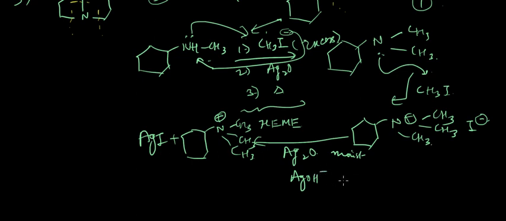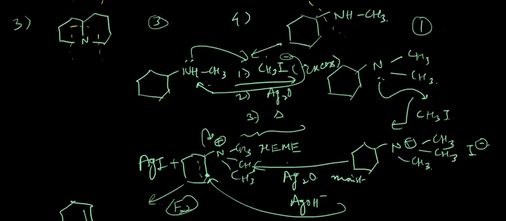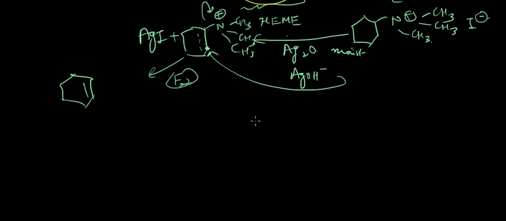Okay, so this O minus will act as a base and will attack on this alpha hydrogen, and we'll get something like this, and from the E2 reaction we will get bond making here and bond breaking here. Finally we'll get something like this. So only one time we need the Hofmann reagents.